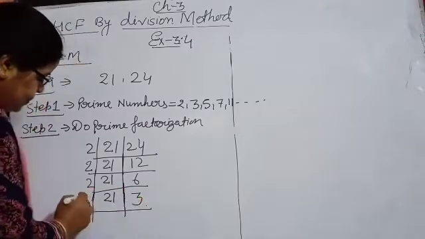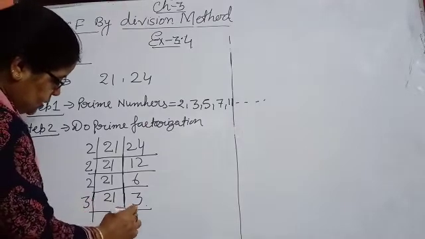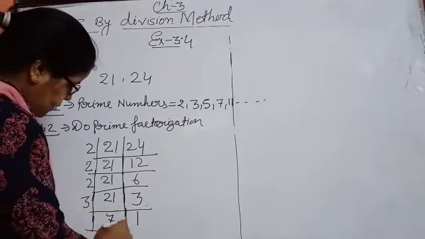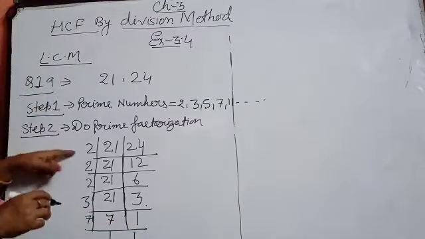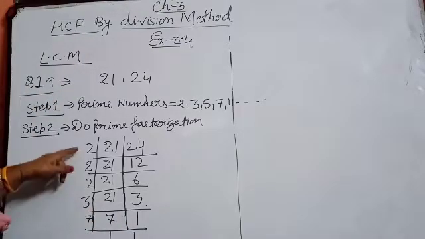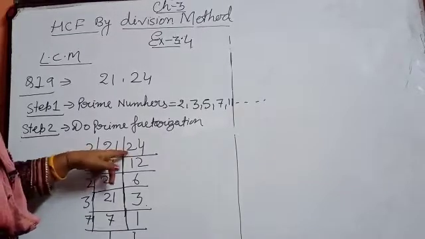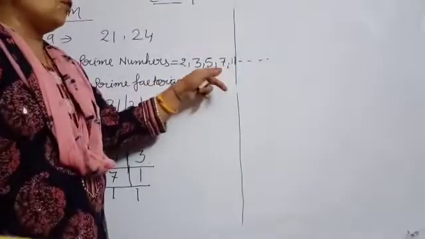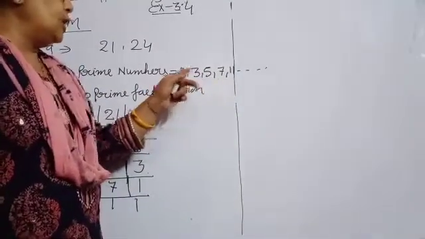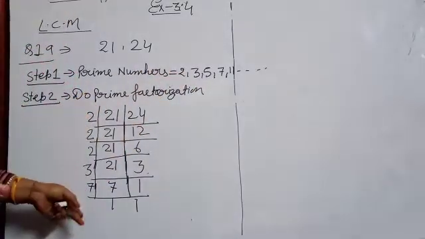Then 3: 3 sevens are 21 and 3 ones are 3. Okay, and 7: 7 ones are 7. In a sequence you have to select the factors. Many children are selecting factors like 3 or 8 here, but other than prime numbers, as I am teaching you from last year, you cannot select any number for the division.